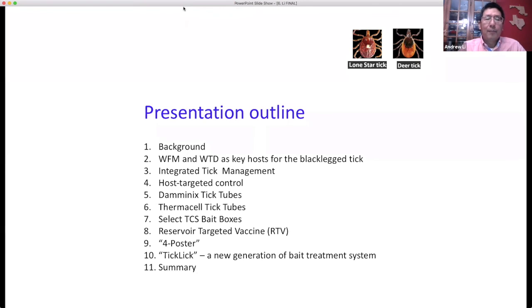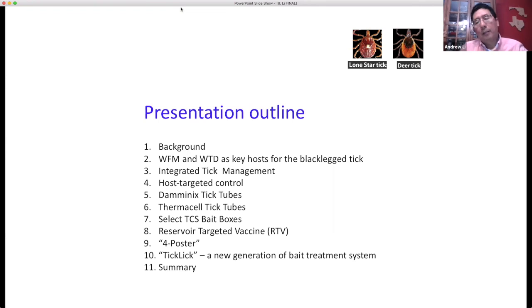Also, I'll briefly talk about the new products in development. It's a reservoir-targeted anti-Borrelia vaccine, being developed as a bait to deliver to mice to block pathogen transmission.